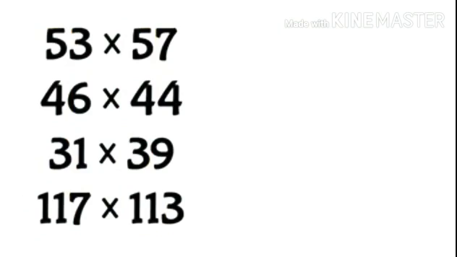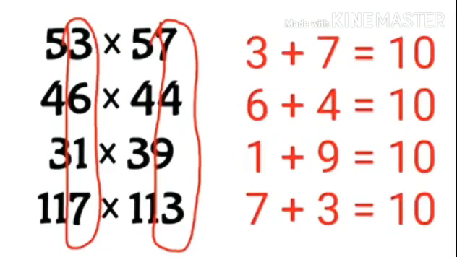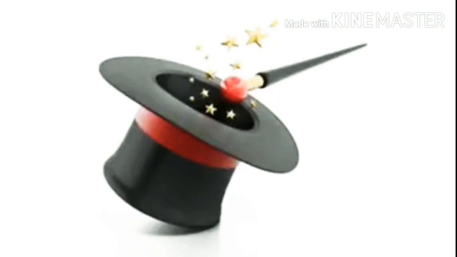And the second condition is that the unit digits should always add up to 10. Like 6 plus 4 is equal to 10, 1 plus 9 is 10, 7 plus 3 is 10. When those 2 conditions are satisfied, this trick will work like magic.